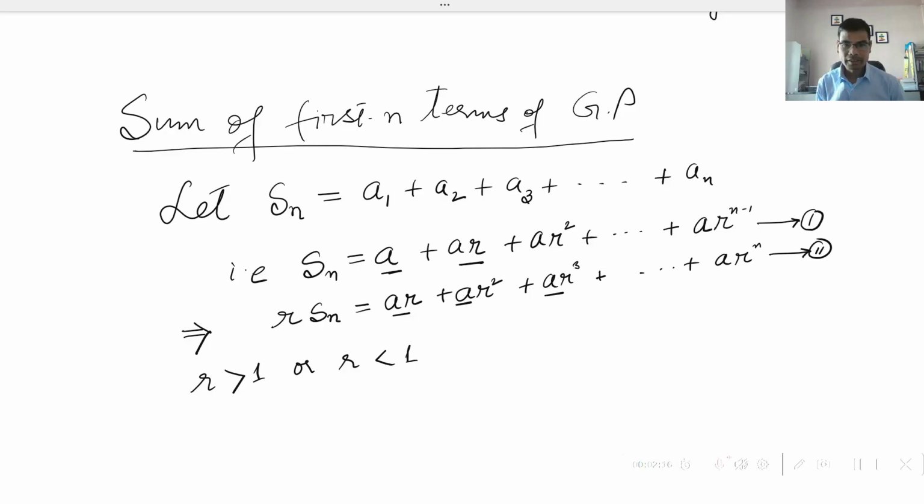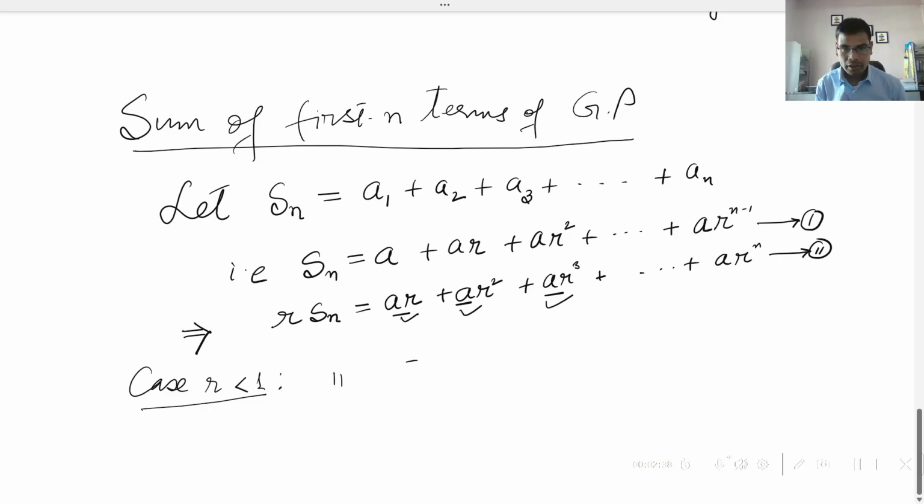But if r is less than 1, then each of these values will be less compared to the value here. Let us take the case r less than 1 first.